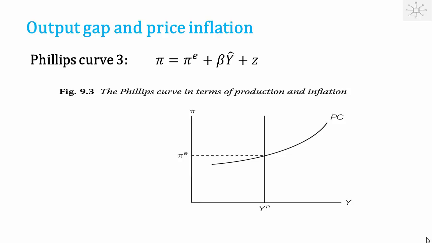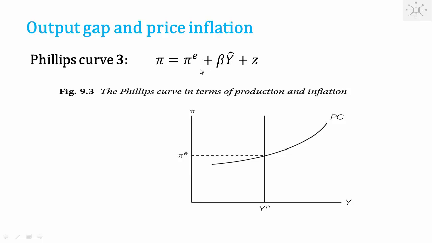So here we have production on the horizontal axis and inflation on the vertical axis. And if production is on the natural level here, and there is no cost push shock, then inflation is going to be equal to the expected rate of inflation, because then Z is 0 and the output gap is 0.